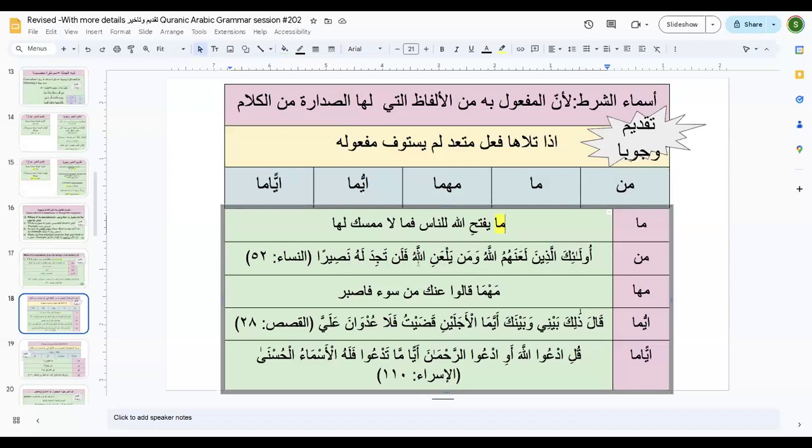Yal'an is fail with fail lafzul jalala marfu ta'azim. What is missing here? There is a maf'ul bihi, right? This word yal'an, whoever Allah curses. So this man is maf'ul bihi for yal'an, and yal'an is a fail that is mutaaddi.